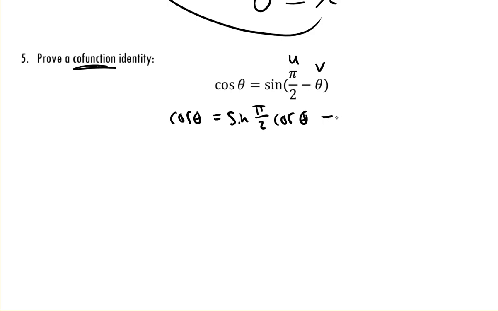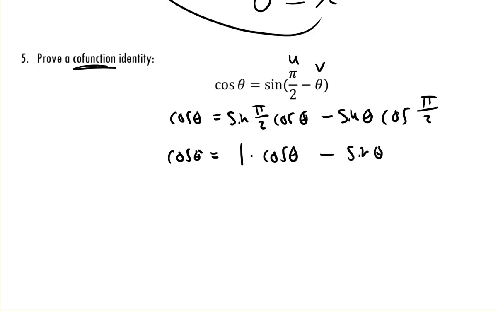This is minus this one. And then the sine of the second times the cosine of the first. So I could throw those two angles into the formula. One of them's a number, one of them's just a variable. But then the sine at pi over 2 is 1, and the cosine at pi over 2 is 0.